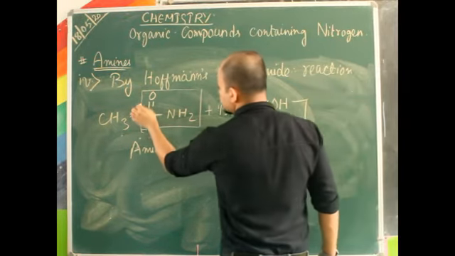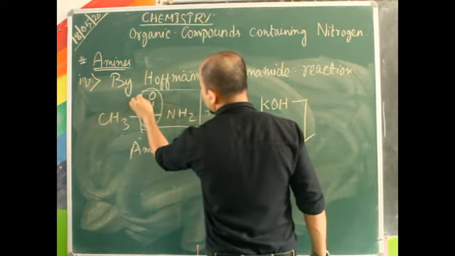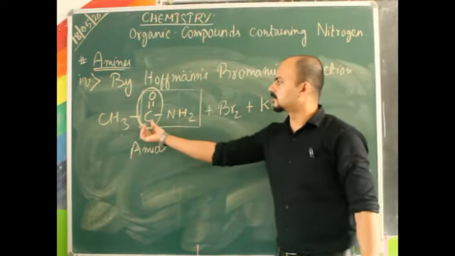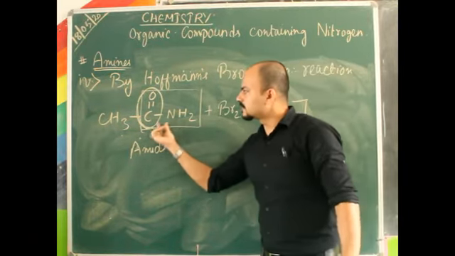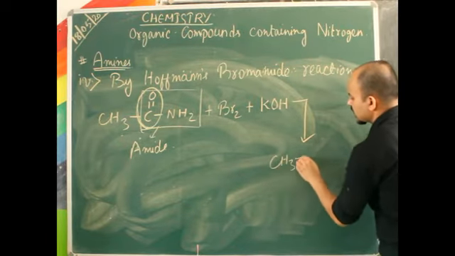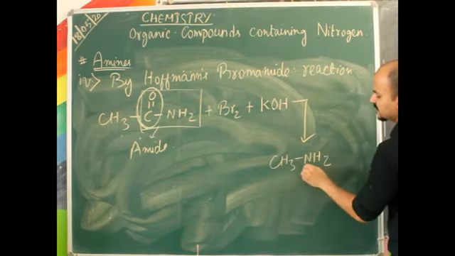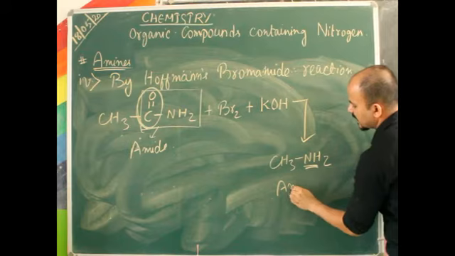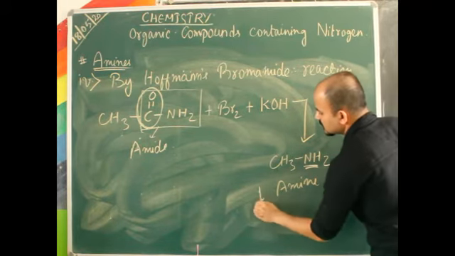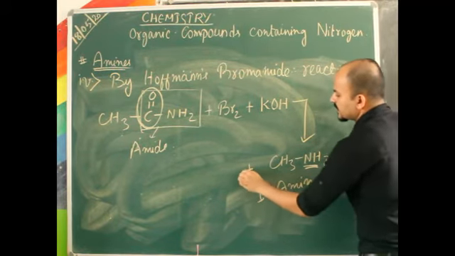In this particular reaction, this C double bond O will be eliminated from this compound. It will go out. Therefore, this nitrogen now will be attached to this CH3 group, CH3NH2, and it is an amine. And since this nitrogen is attached to only one carbon, this is a first degree amine. And what are the byproducts?